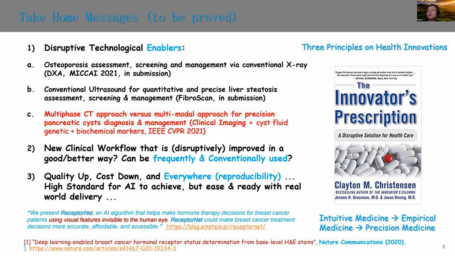And in developing countries, you don't even have the feasibility of doing these special pathology stains, right? So you don't need to do it. So this really means quality up, cost down, and also very good reproducibility, right?